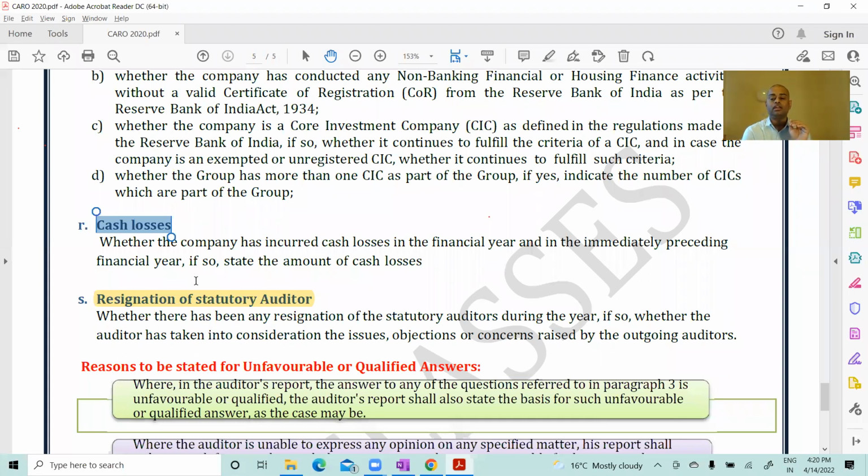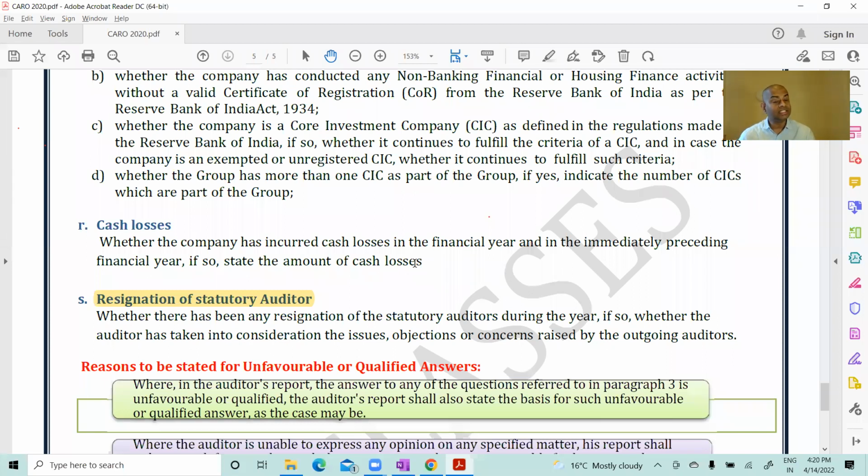So as an auditor, you will have to verify whether the company is bleeding and leaking money from operating activities. You have to tell whether the company has incurred cash losses in the financial year and the immediately preceding financial year, this year and the previous year. If so, what is the amount of cash loss?